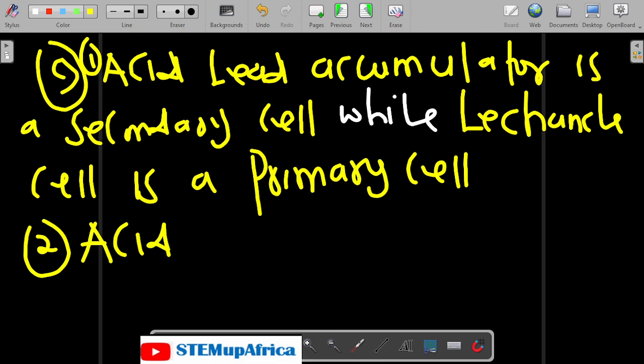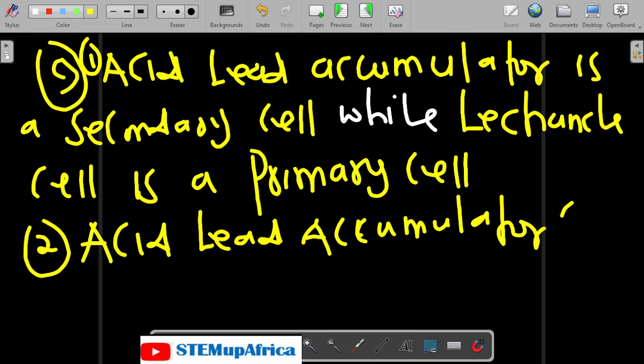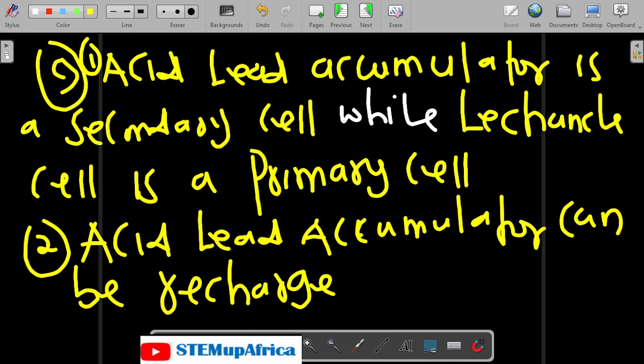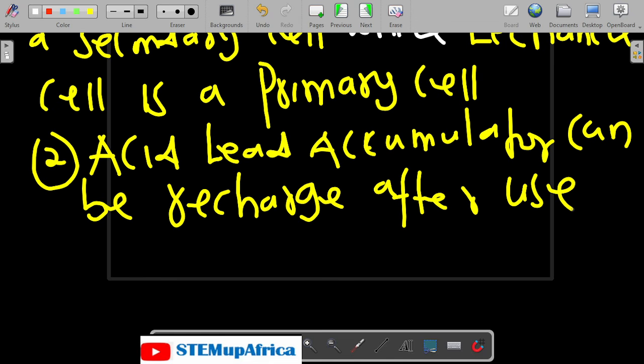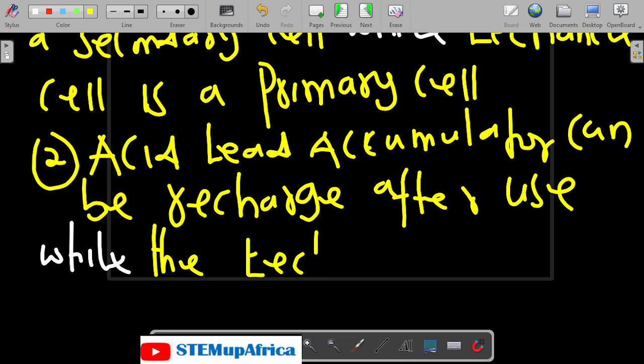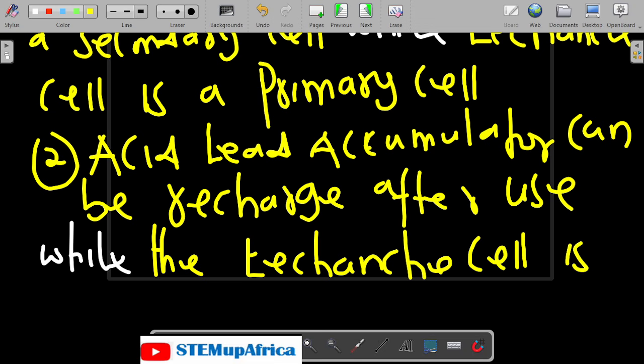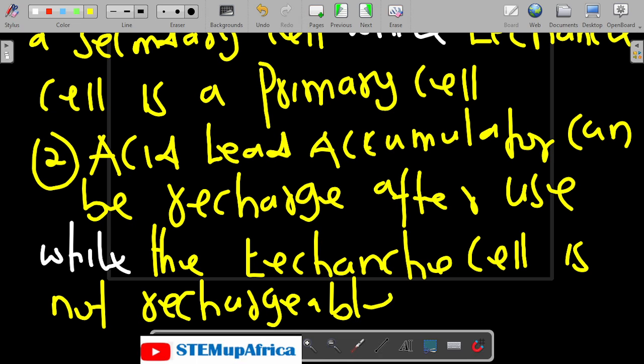That means it's rechargeable. The acid lead accumulator can be recharged after use. The Leclanche cell is not rechargeable, or cannot be recharged. That is another difference. Then another difference.